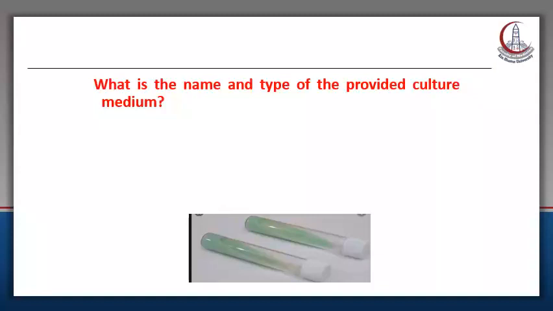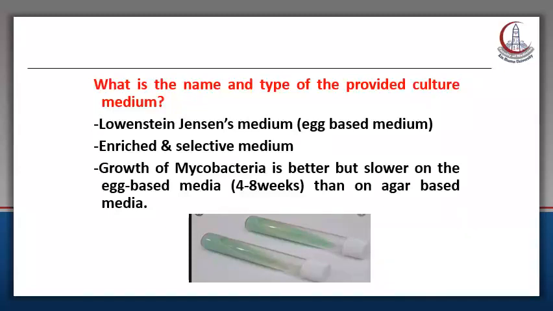The only green slope is this slope of Loewenstein-Jensen medium. It is enriched because it contains egg, and selective for Mycobacterium tuberculosis as it contains malachite green. The growth of Mycobacterium on this traditional Loewenstein-Jensen medium takes from 4 to 8 weeks, which is a relatively long period of time.